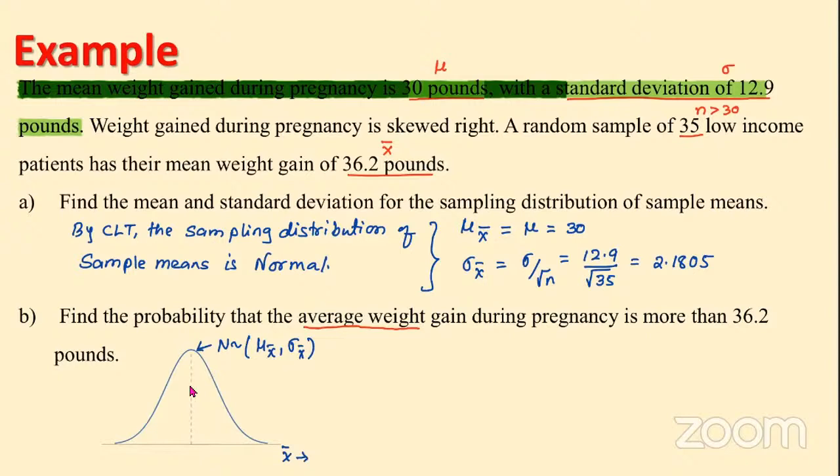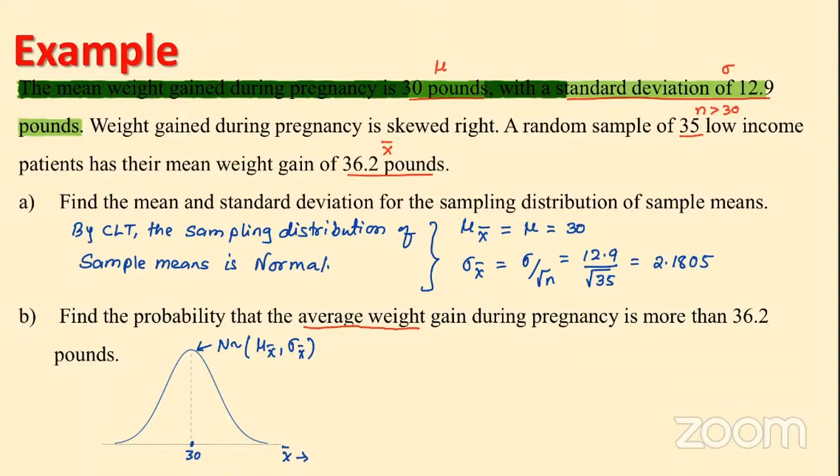And in the middle, we have the average mu sub x bar, which is equal to 30. So 30 goes in the middle. And we have to find the probability that the average weight gain during pregnancy is more than 36.2. So we need to label 36.2 along the x-axis.